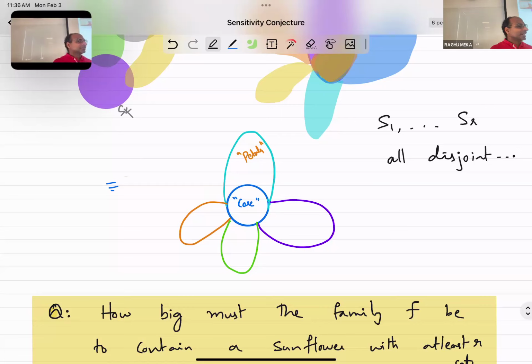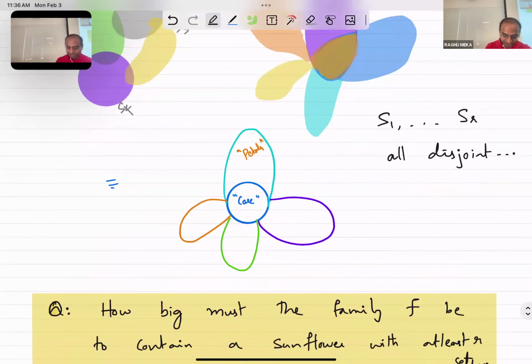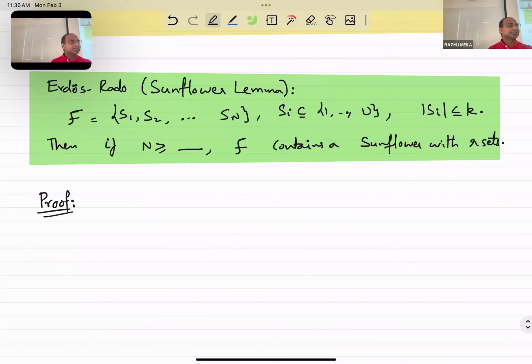Kind of, in the definition, but it is actually a sunflower because it just means that the core is empty, but the main thing is the intersection pattern is always the same. So that's what we're really shooting for. The intersection patterns are exactly the same, because all of them have empty intersection. So they satisfy this constraint. So disjoint sets are a sunflower.